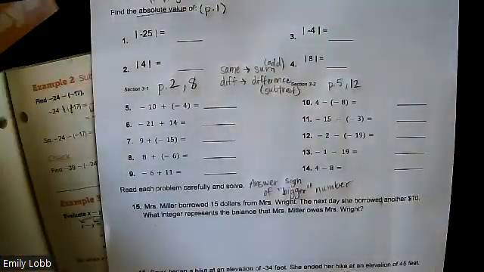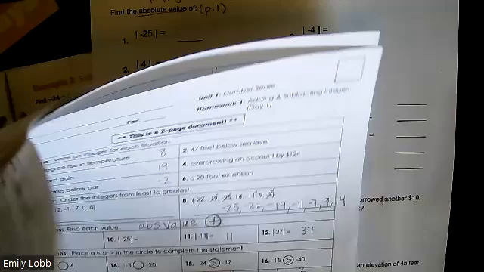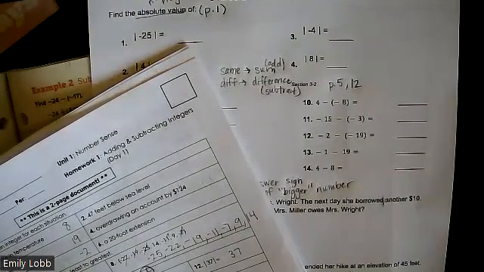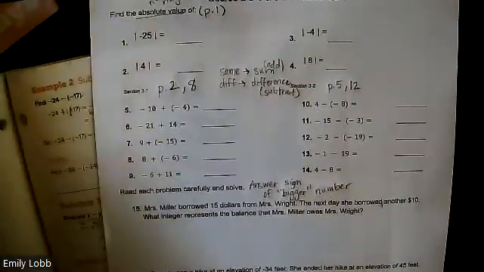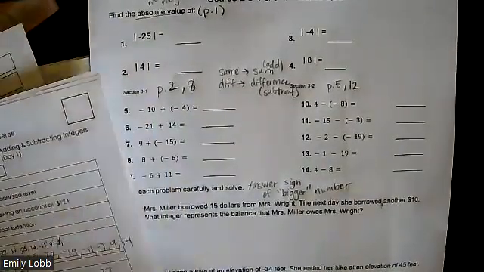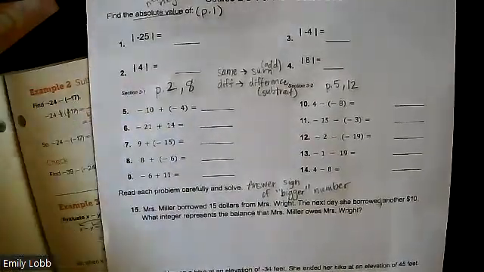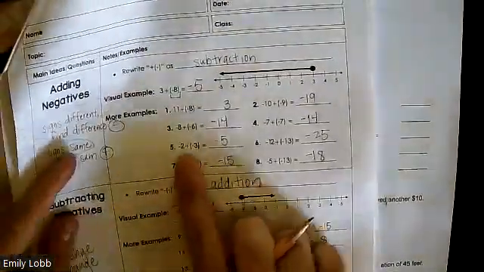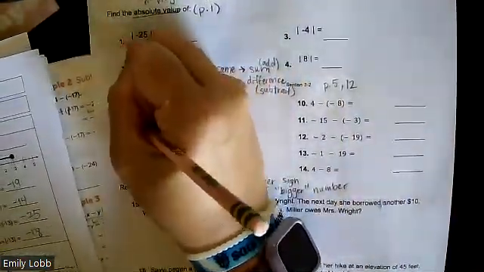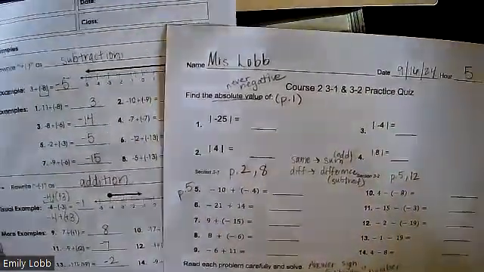How was it negative, right? Find a problem just like this one. And I have a negative plus a negative, like right here. So maybe you want to write page 5 right here for number 5.